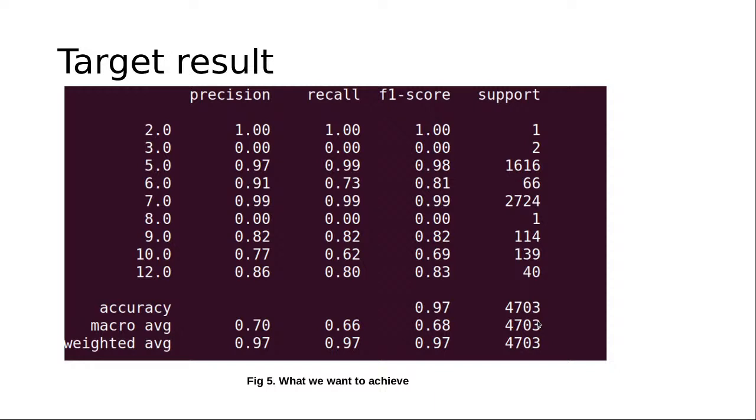For each of these classes, we have a precision, recall, F1 score, and then we have support. The support here basically indicates the number of correct samples that belong to each of these classes in the correct predictions that our model has produced.